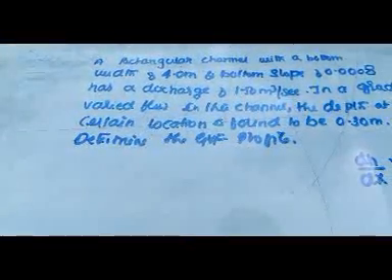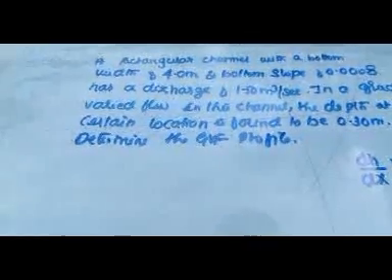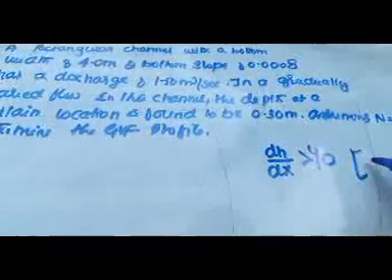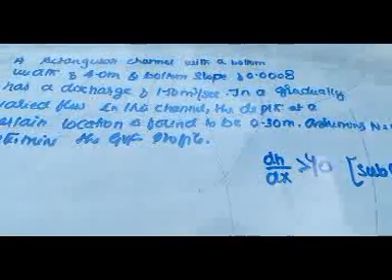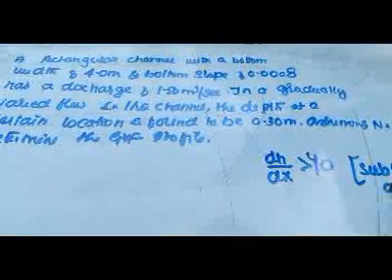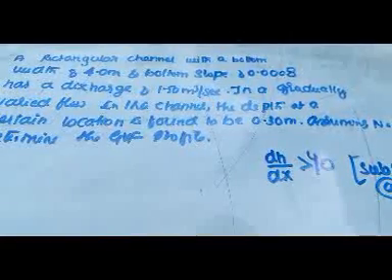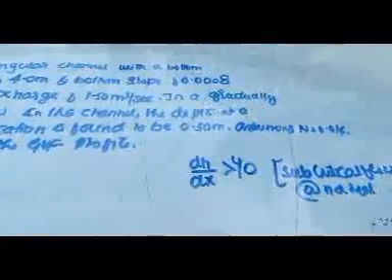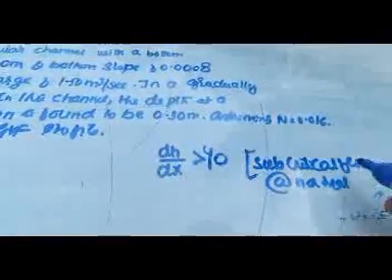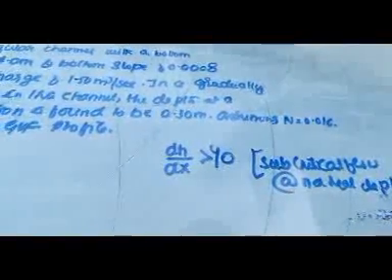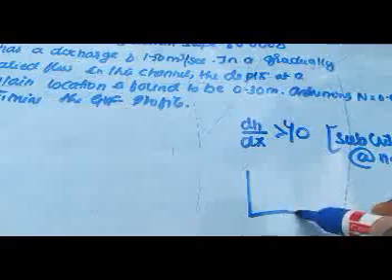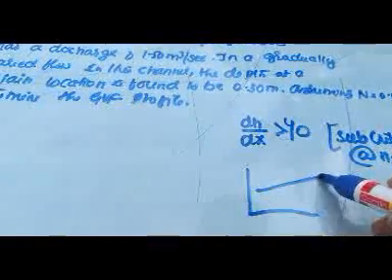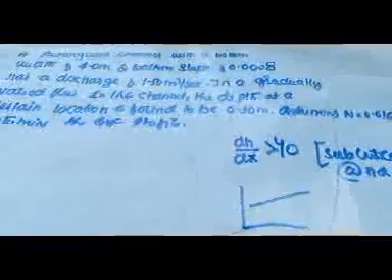If it is greater than 0, we can say it is subcritical flow at normal depth. We discussed all this in the previous video, and the diagram will come like this.